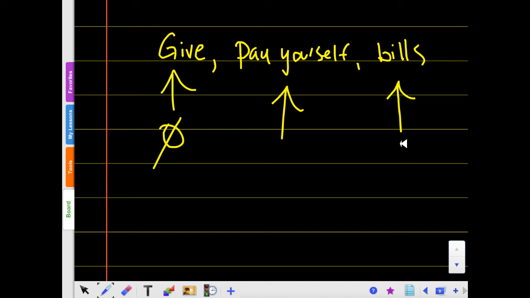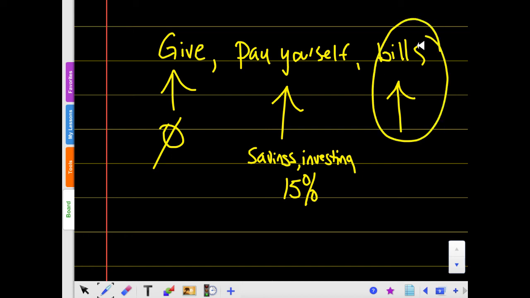Pay yourself really is the savings. It's really the investing and those types of things. It's not really necessarily talking about purchases and sinking funds. It's really savings and investing. And our target is 15%. And so if we put 15% aside right before we do anything else with our money, then guess what? We're guaranteed to have 15% set aside.